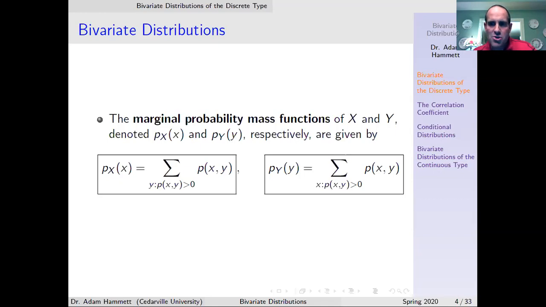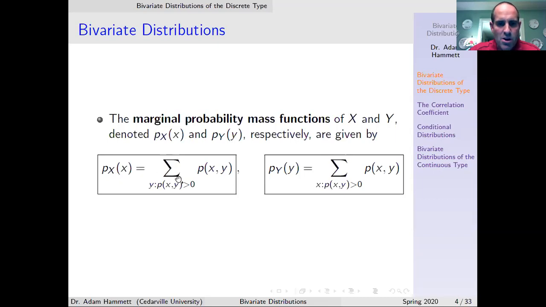If you have a joint PMF for both random variables, the marginal PMF means you're getting rid of one of the variables. How am I going to do that? Incidentally, now I actually have to put a little subscript on the PMF so I know which one corresponds to X and which one corresponds to Y. So P sub capital X of little x, how do I get that?